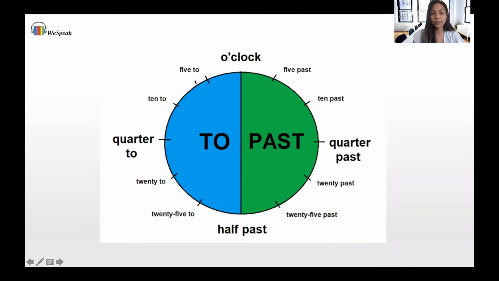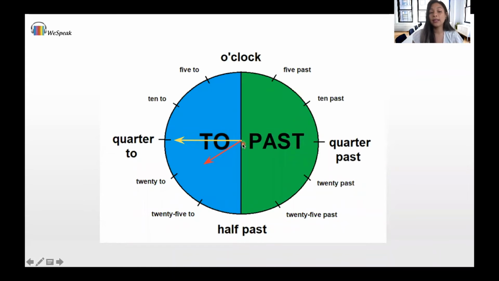And the last one. Okay, there we go. What time is it?